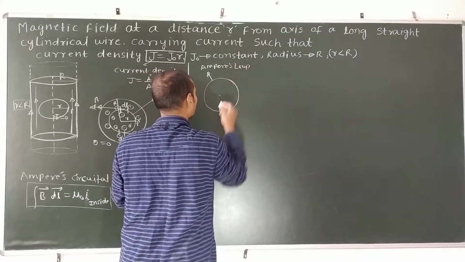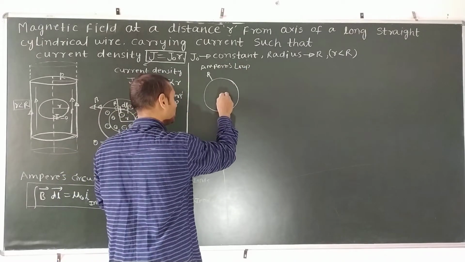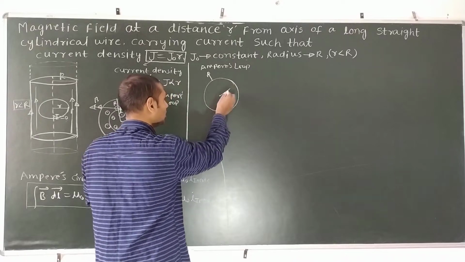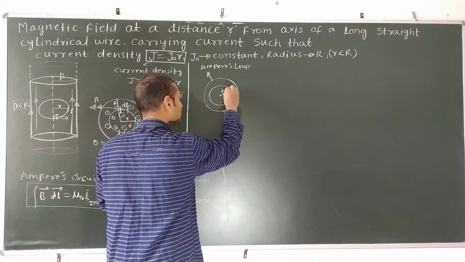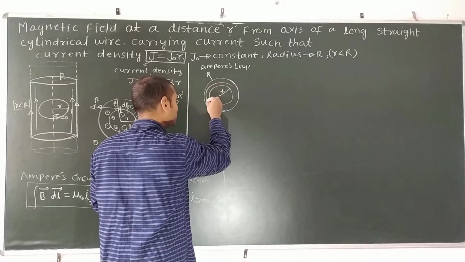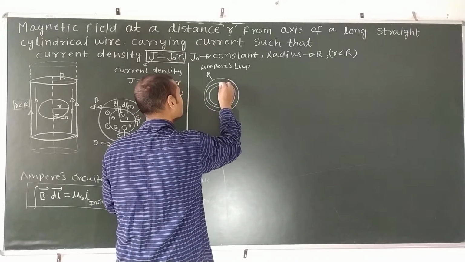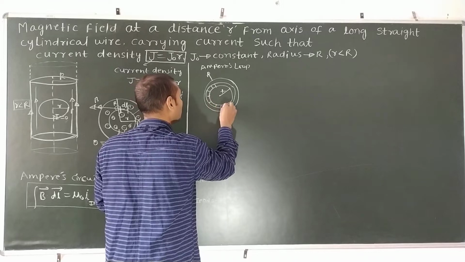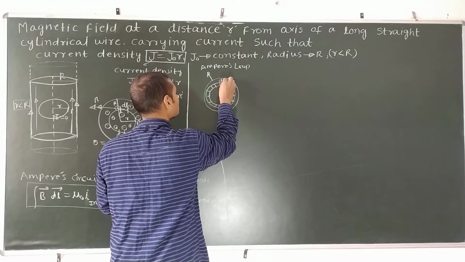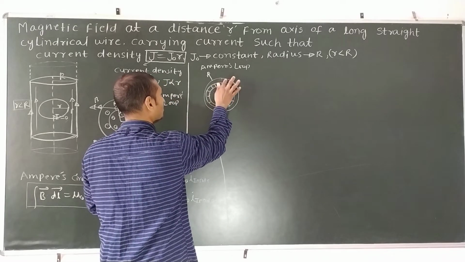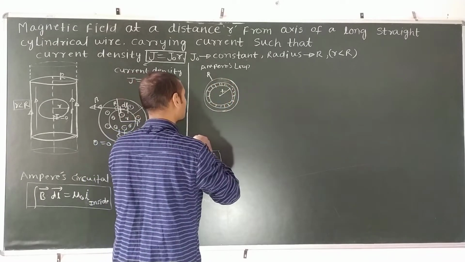Then we take an element having a thickness of dx at a distance x. We cut an element having thickness dx.